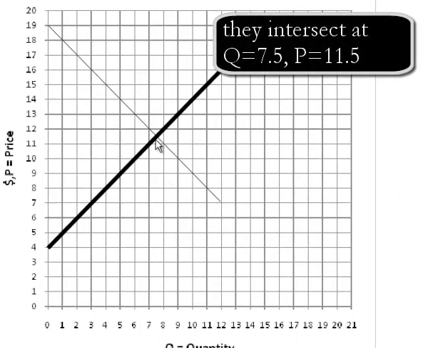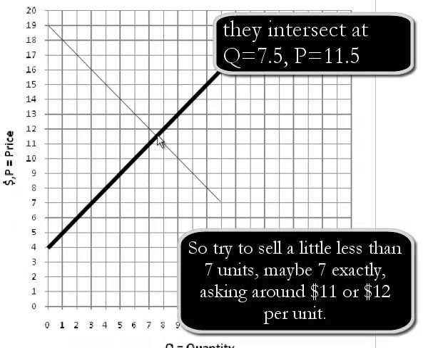And what students tend to do is first they find where these two lines cross. They look at the quantity where that cross is, like 7.5, and they'll say, I'll produce 6 or 7 units, and they charge a price where those lines cross. So students might look at where these lines cross and decide, I'm going to try to sell 6 units at, say, $12 a piece. That's a good starting point, and you'll see why that's a good starting point later.